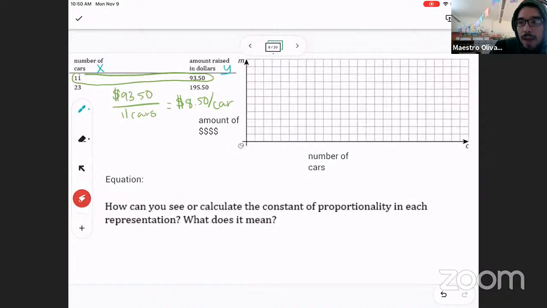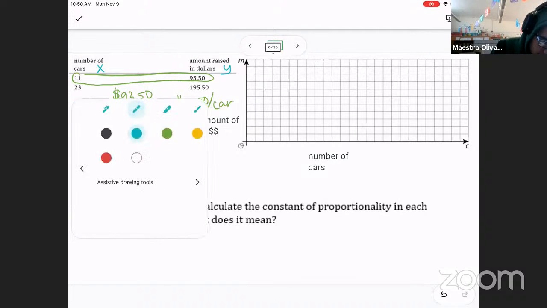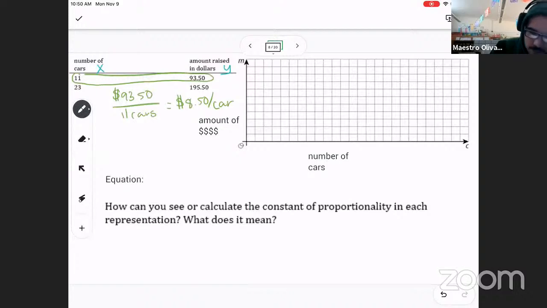Does anybody feel confident to try to give me the equation? We did this last week where we had like 10 different problems where you found the unit rate and then you wrote the equation for it.